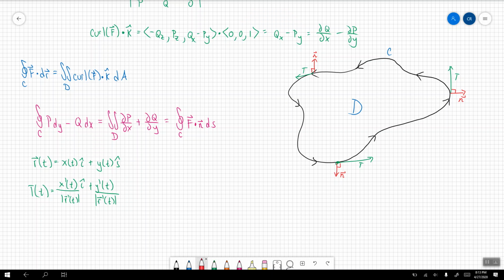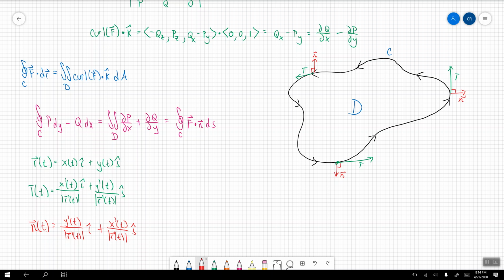So, if I wanted to build a normal vector based off of this unit tangent vector, all I need to do is switch the positions of my i component and my j component. This is now going to be y prime of t divided by the magnitude of r prime of t in the i component, plus x prime of t over r prime of t in the j component.